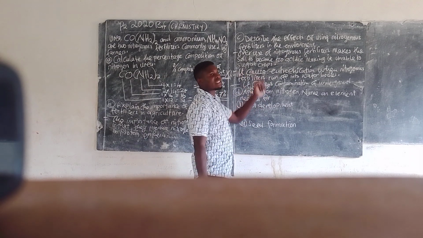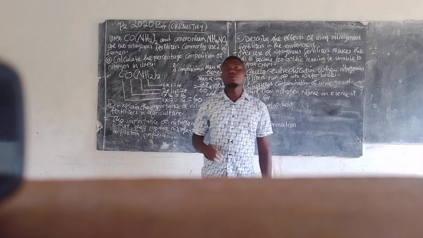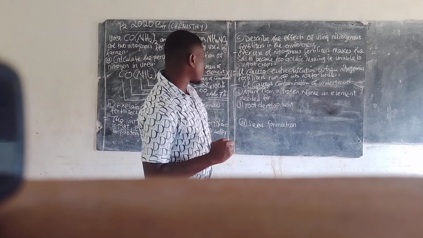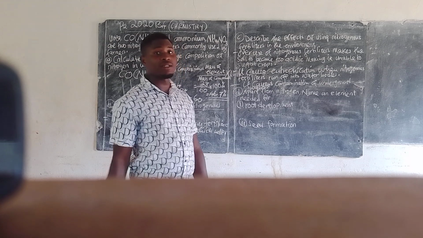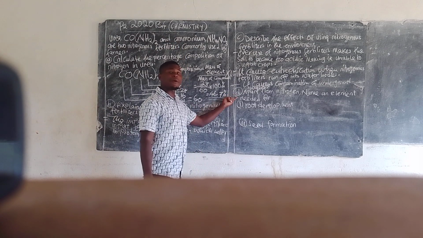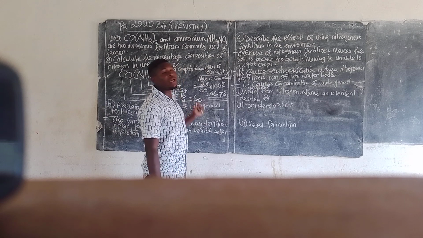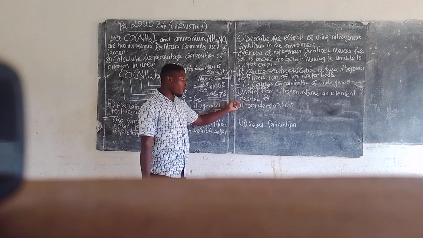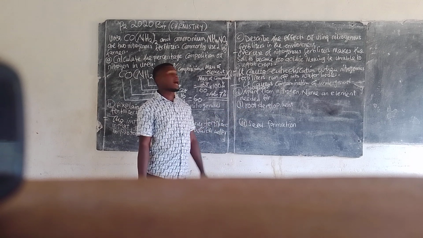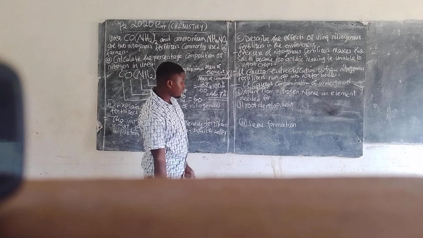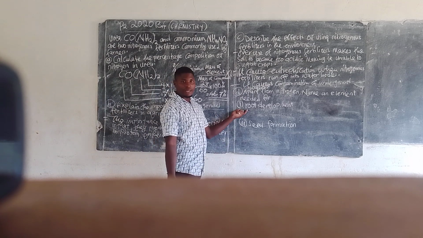When this type of fertilizer leaches into the water, then the water becomes contaminated. Thank you. Let's go to the last part of this question. So the last part of this question says, apart from nitrogen, so apart from this element that we have mentioned, name an element which is needed for root development. Apart from this element, which other element is needed for root development?